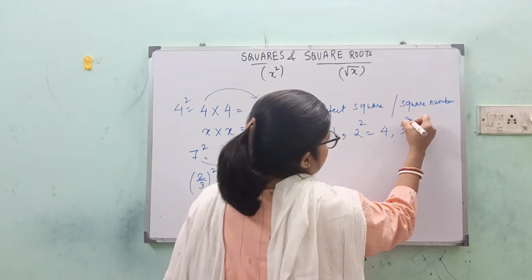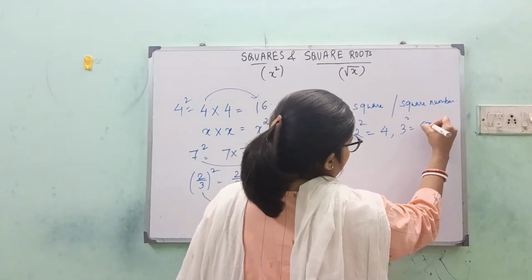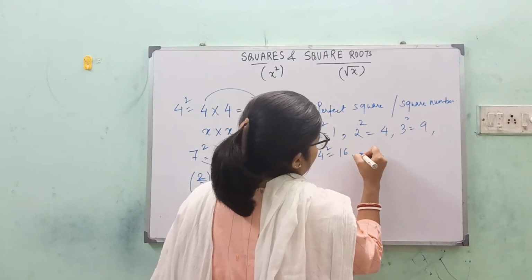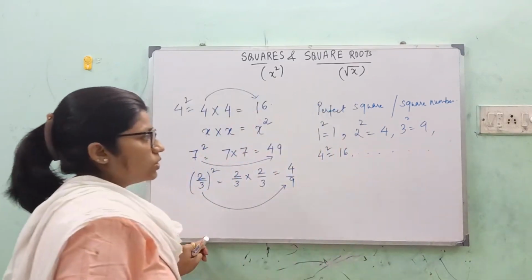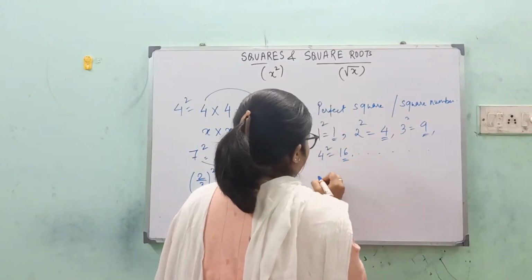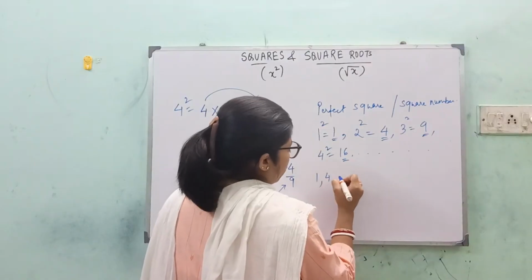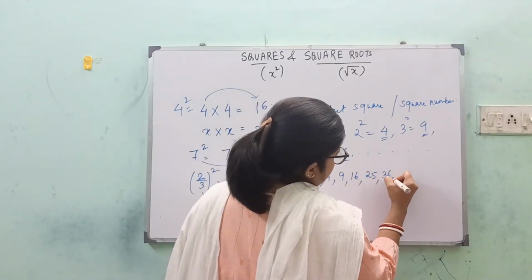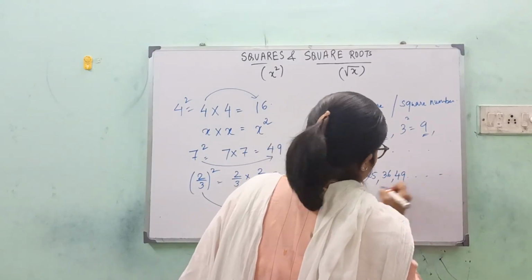Third natural number is 3 square, that is 9. So if you keep taking the squares of the natural numbers, the numbers that you obtain here are the square numbers. That is 1, 4, 9, 16, 25, 36, 49 and so on.